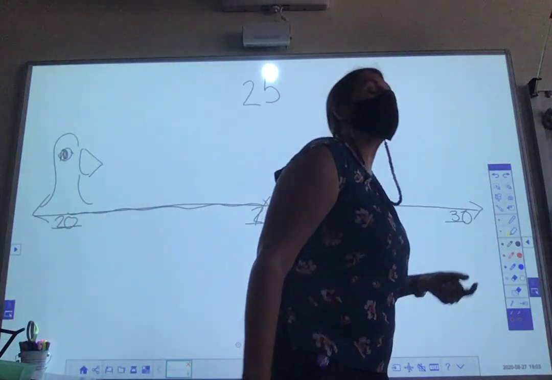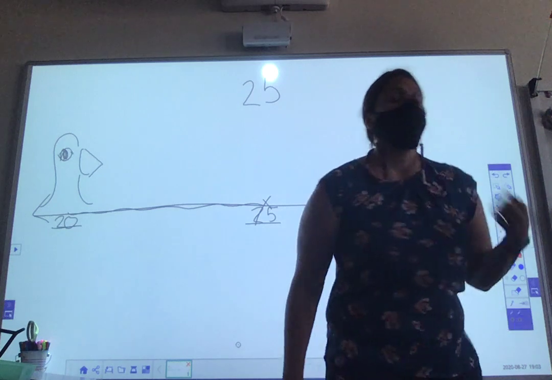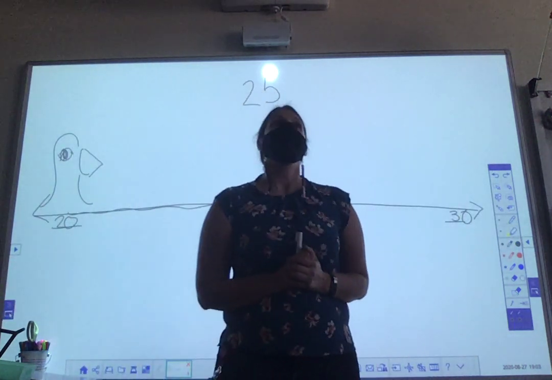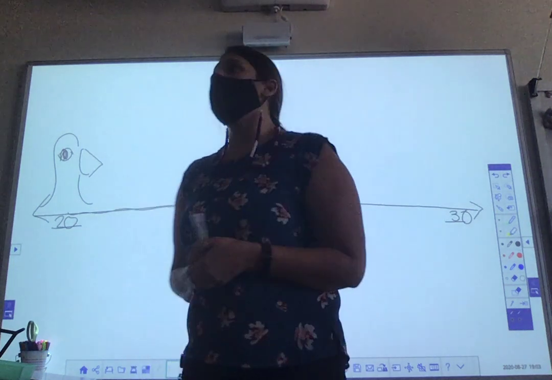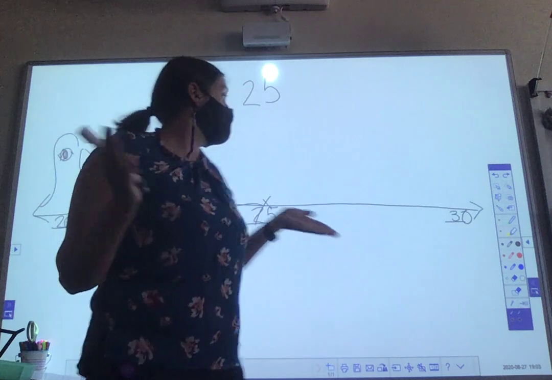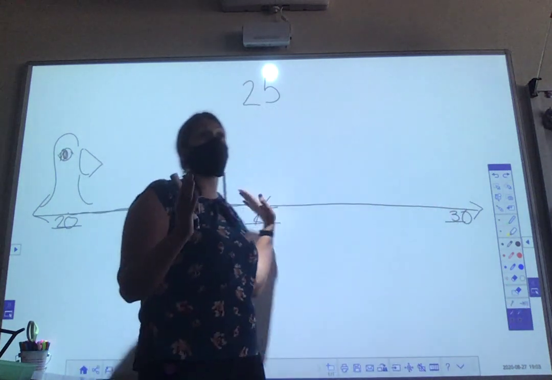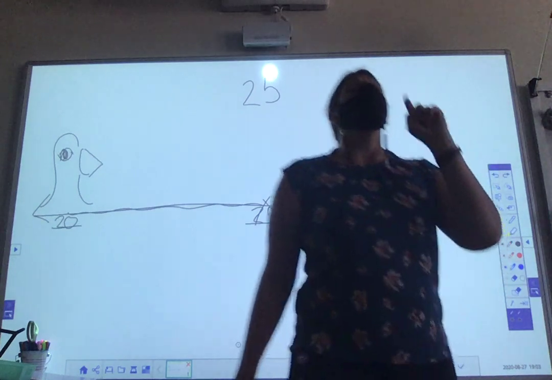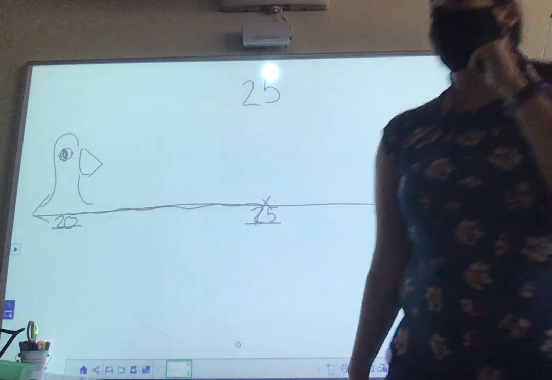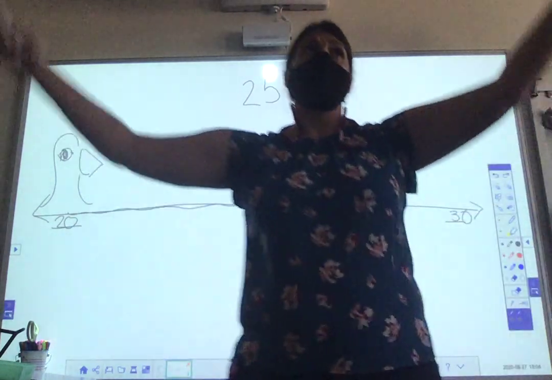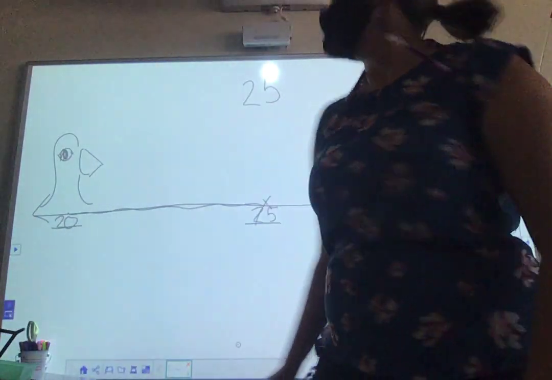Because by the time it takes this chicken to turn around and run backwards, he's wasted some time, right? And I also want you to think about it this way. Where's the chicken trying to go? To the other side. Wouldn't it be easier since I'm halfway there? Just keep going. So when your number has a 5 in it, guess what you're going to do? Go up. Keep going.